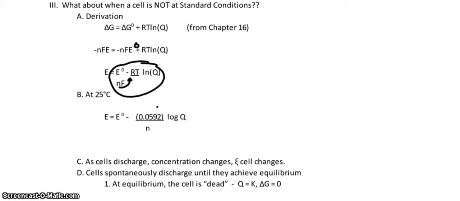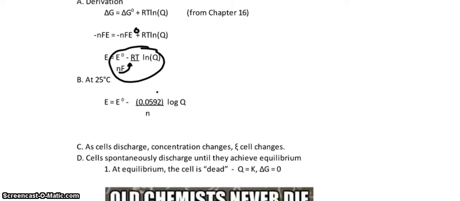So let's scroll down and see what else happens. Now, as the cell discharges, concentration changes and the E cell changes. Cells spontaneously discharge until they achieve equilibrium. And they say at equilibrium, the cell is considered dead. That Q is now equal to K and delta G is equal to 0.